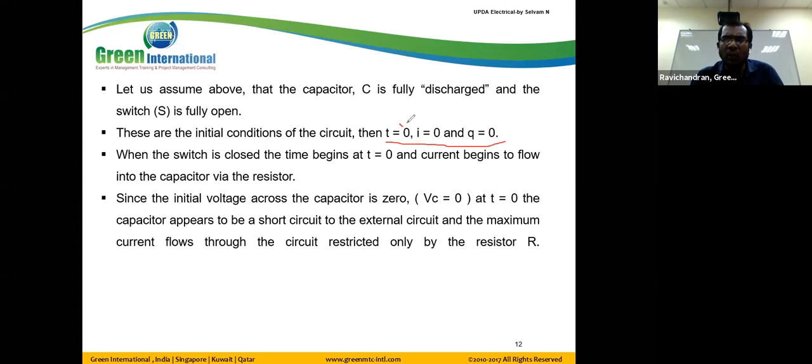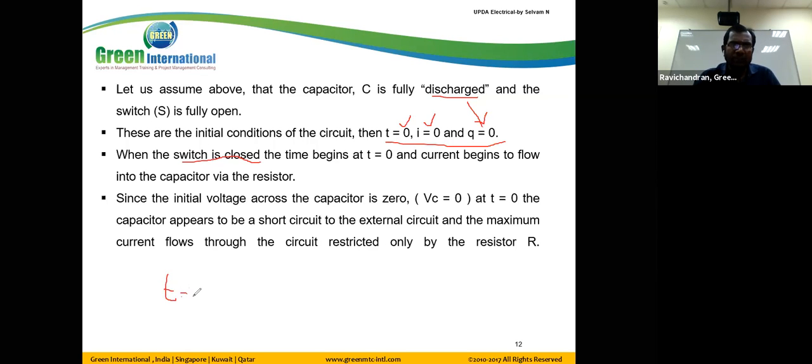T is equal to 0, so current is equal to 0. Fully discharged, there is no charge in the capacitor. Now the switch is closed at T equal to 0.